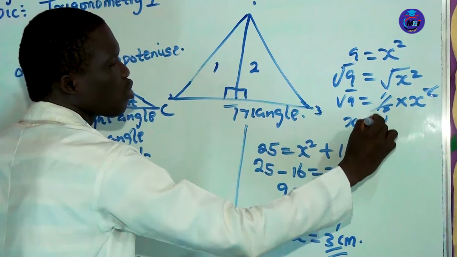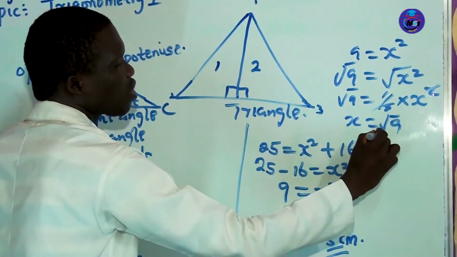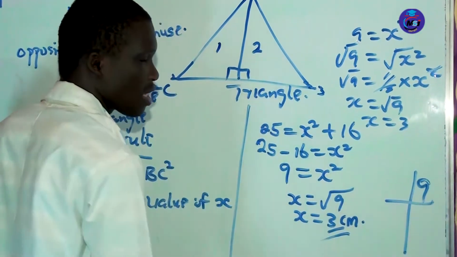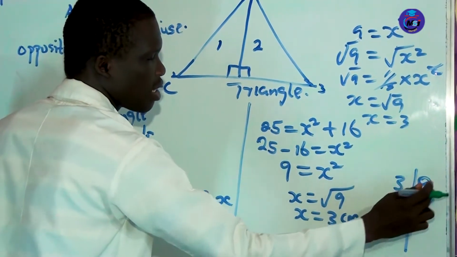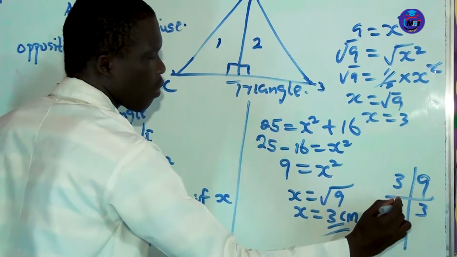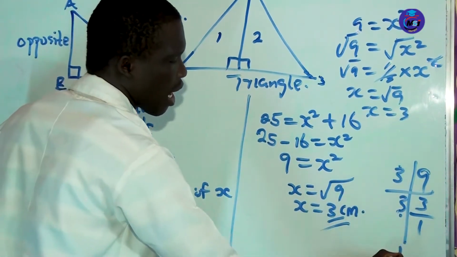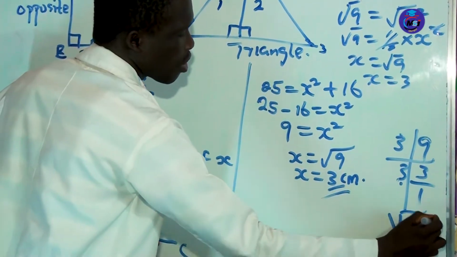So x will give you square root of 9, so x equals 3. That is, if you do like this, 3 in 9, 3, 3 in 3, 1. So this will give you 3 times 3.